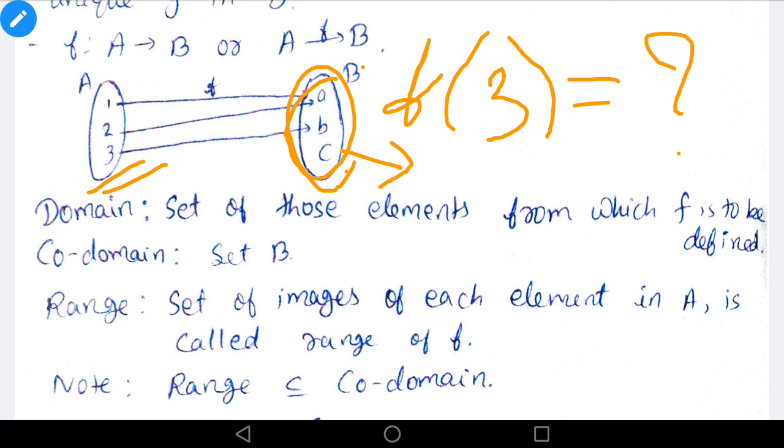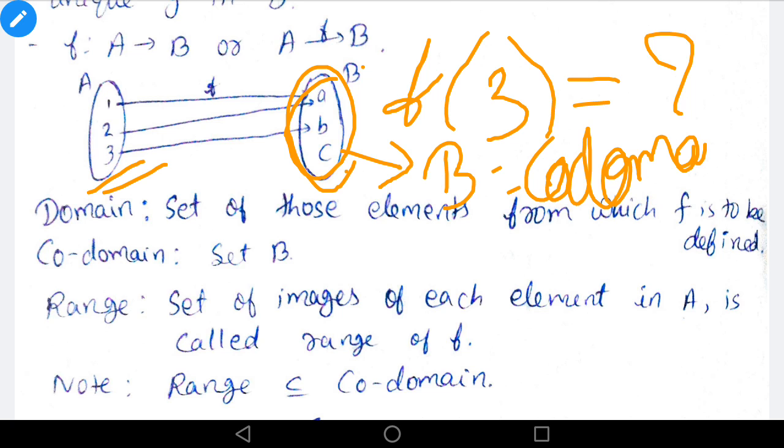This whole set B is known as codomain. If there are elements left in B, then it's okay. There is no need that all elements are covered. And the elements which are covered, for example here A and B are the answers, so A and B are the range, because we have got them from set A, and set A is known as domain.